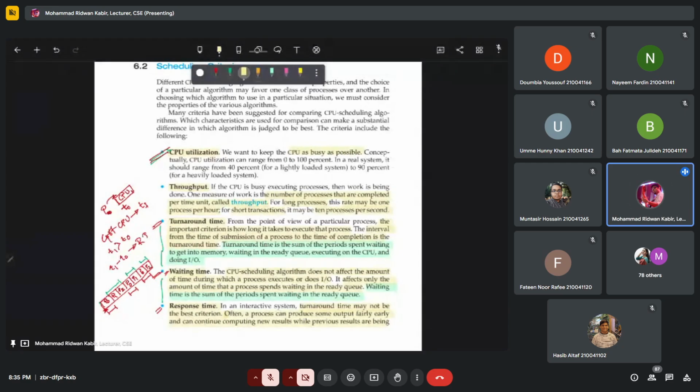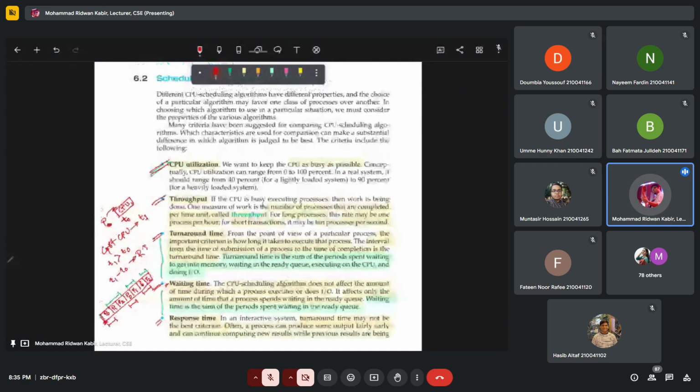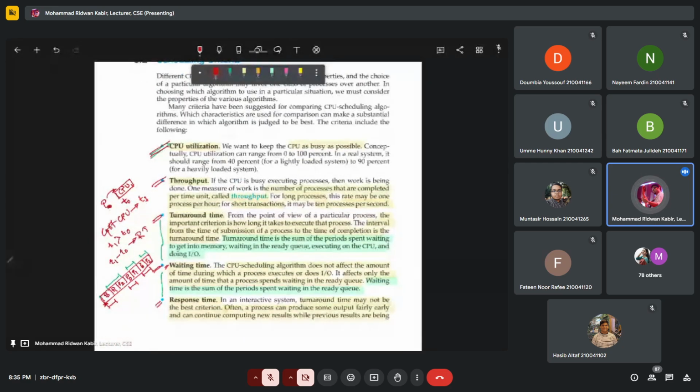Then is throughput, which is the number of processes that are completed in unit time. And the turnaround time. So these are three time related metrics that we'll be talking about.